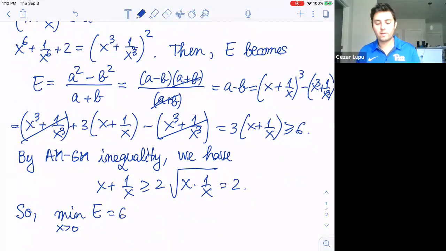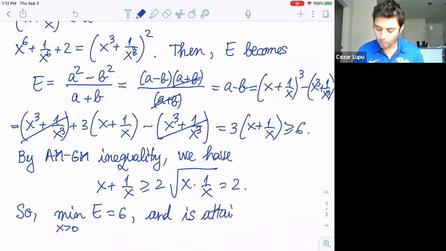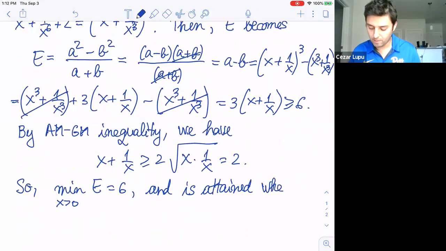Well, can you tell me when this value is attained? When do we have equality in the arithmetic geometric mean?